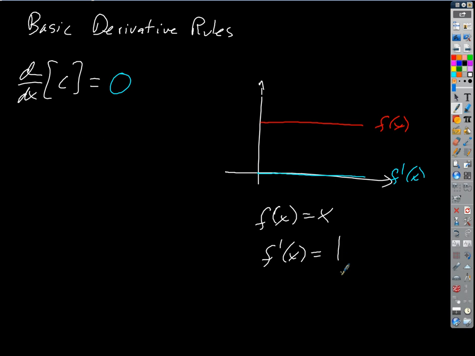Because if we were to graph the function y equals x, what does that look like? Well, that's just a line, y equals x with a slope of 1, right? Okay, so now we can turn that into a rule if we want to. We can say the derivative with respect to x of x is 1.